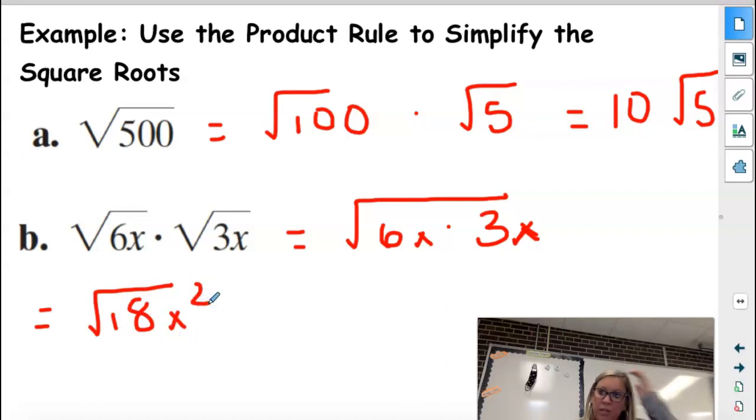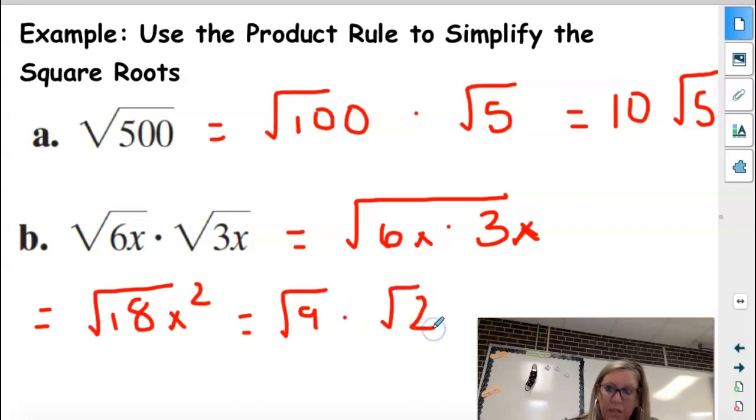All right, now we're going to do just like we did in example A. We want to find perfect squares. So 18 can be 9 times 2. And then we still have that x squared. So the square root of x squared.